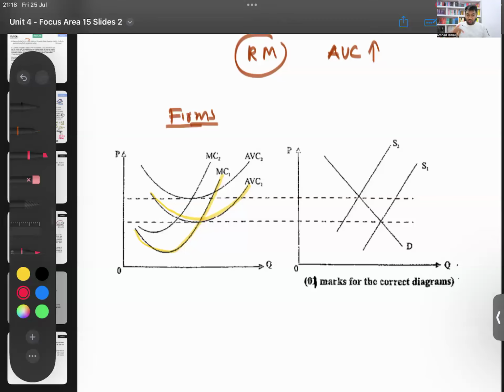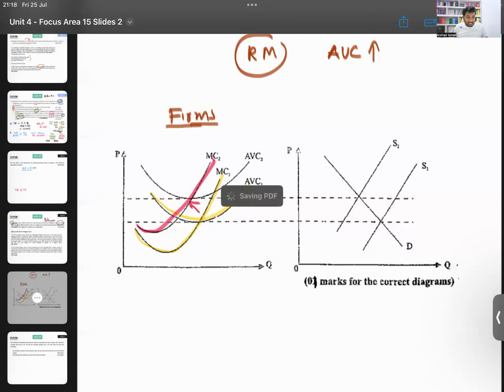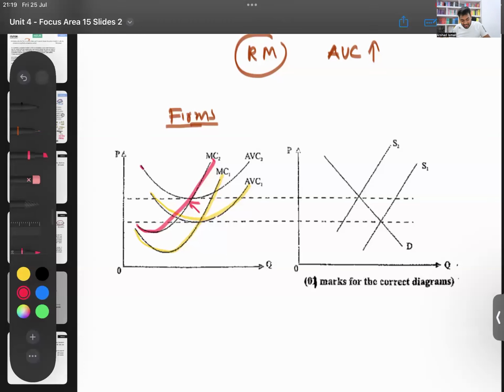Also, cost is rising here, so my supply will decrease. The supply curve is the marginal cost curve, so we are shifting it to the left. The red one is your new one, and they're properly labeling it. The yellow one says AVC1, MC1. The red one says MC2 and AVC2.